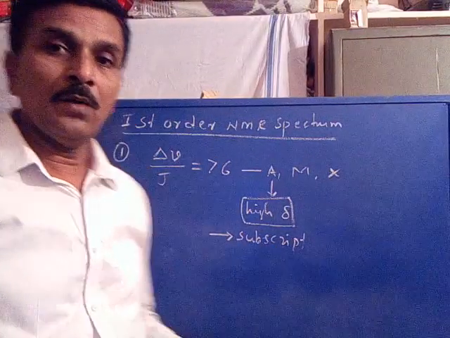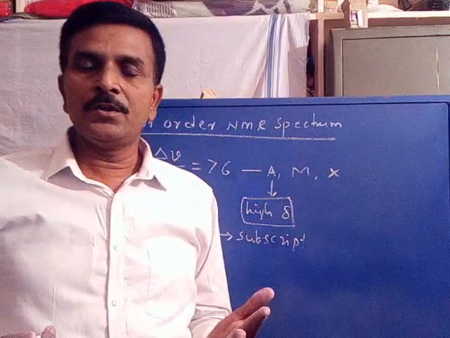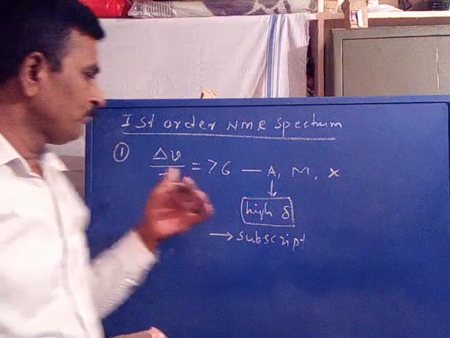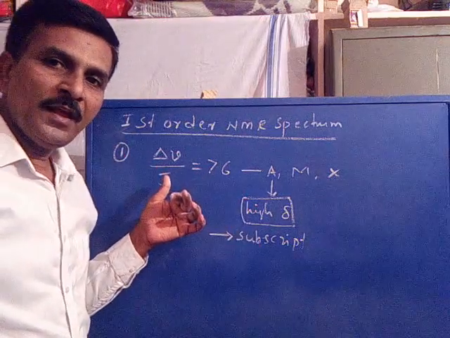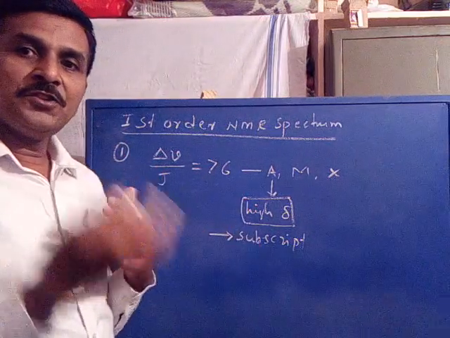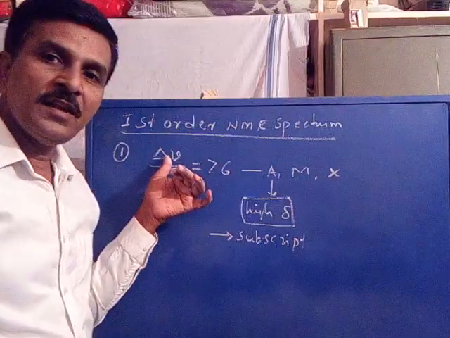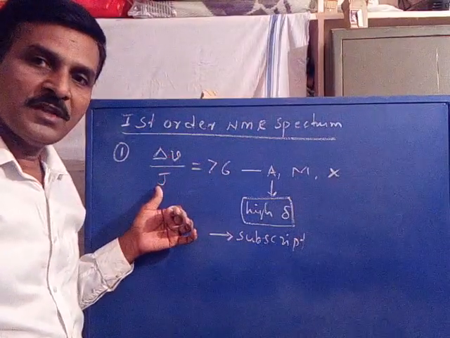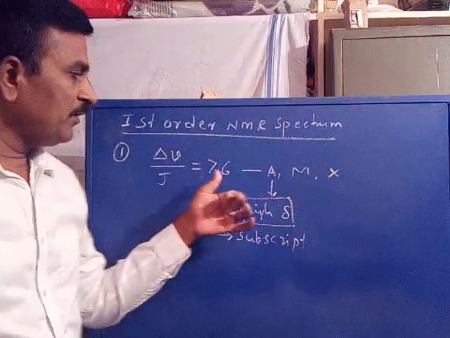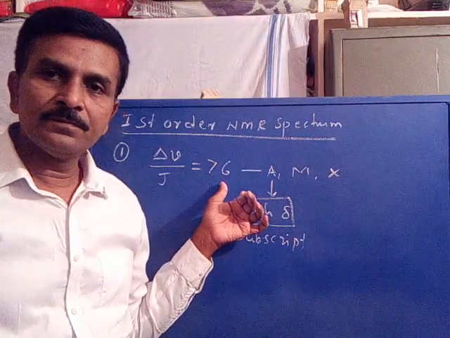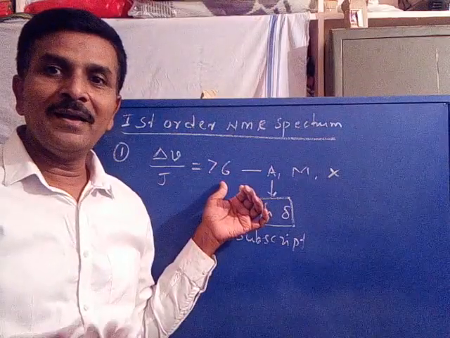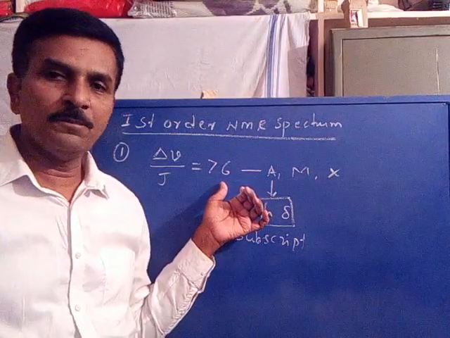Is it clear? Now any molecule where the ratio of frequency difference between the coupled protons with respect to the J value is greater than 6, the spectrum of those molecules is called first order NMR spectrum.